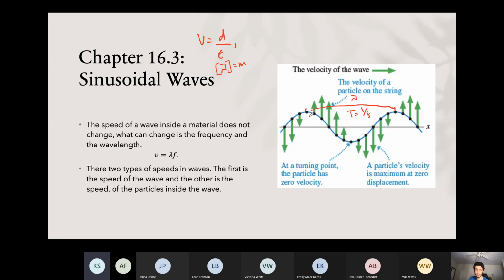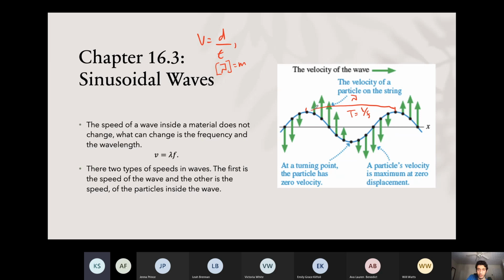Along the wave, each particle has its own speed. Let's say this is our crest, and the wave moves to the right. That means that after 1 second, the crest will be over here. So that means that this particle needs to go up, and the other particle needs to go down.